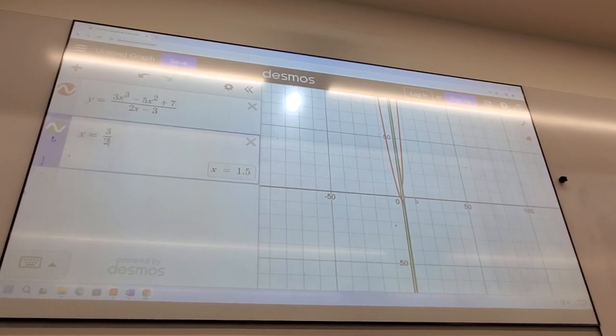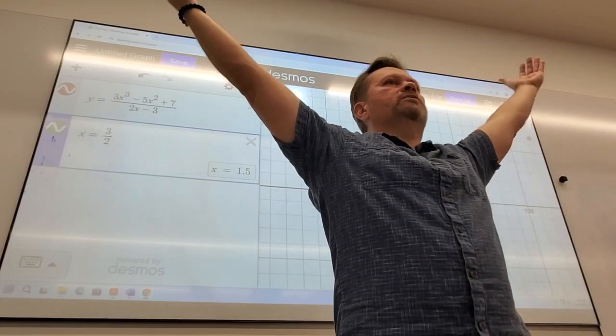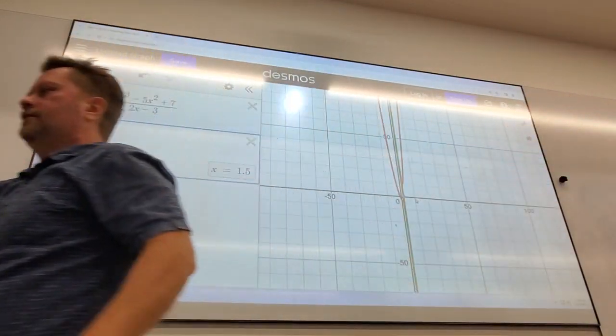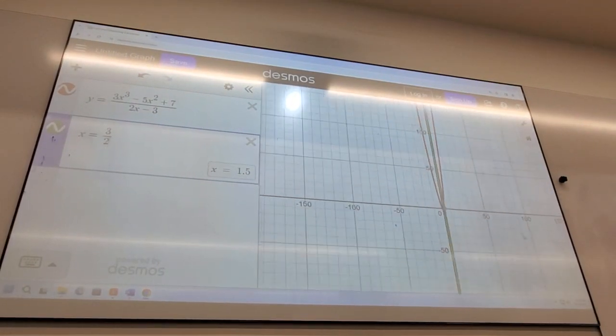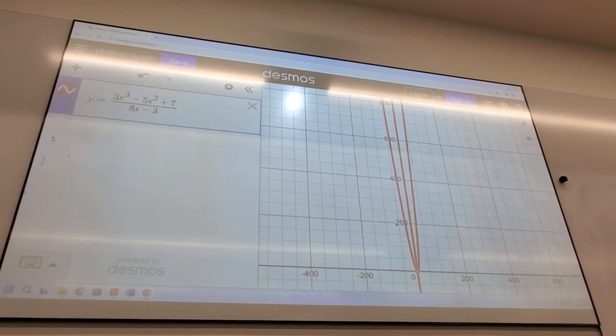But again, horizontal asymptote doesn't care what's happening when x is small. It just cares about when x gets big. So when x gets big, if I just zoom out to this level and take this away, if only that middle thing wasn't there. The outside of it, doesn't it look parabolic? Okay. That's the idea. In fact, I could make this better. Let me see. That's looking a little better.